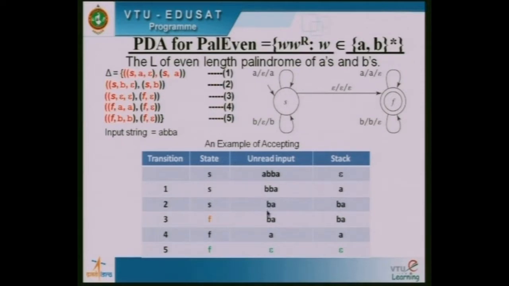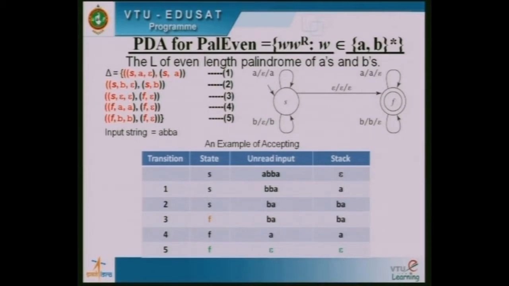Once you complete W and come across an epsilon, don't change anything except the state, from S to final state F. Once you enter F, if there is a match of the symbols in the input string and the topmost element of the stack, then pop it. Again you see F, A, A, again there is a match, pop it. By now you are in the final state, input is consumed and stack is empty, hence the string is accepted.